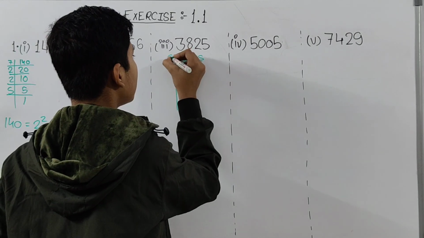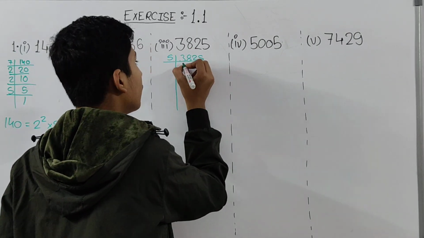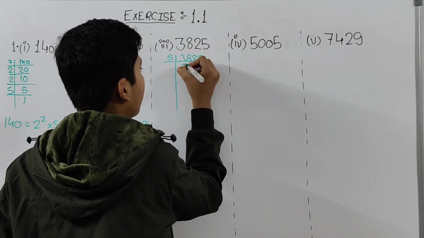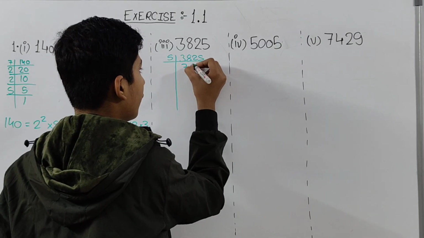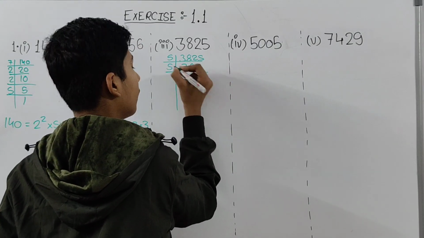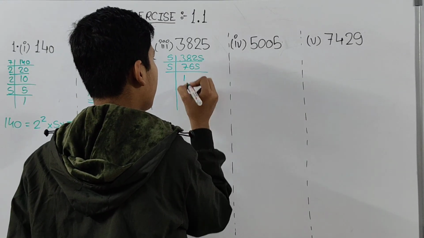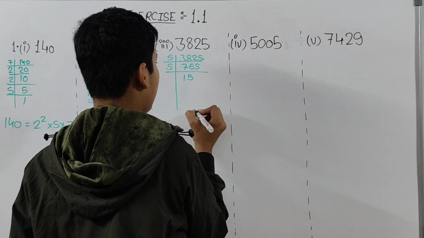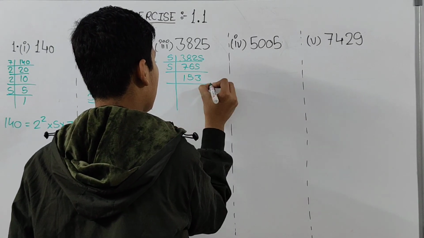Now this one, 3825. Firstly with 5. So 5 sevens are 35, 5 6s are 30, 5 5s are 25. Again 5, 5 ones are 5, 5 5s are 25, 5 3s are 15.